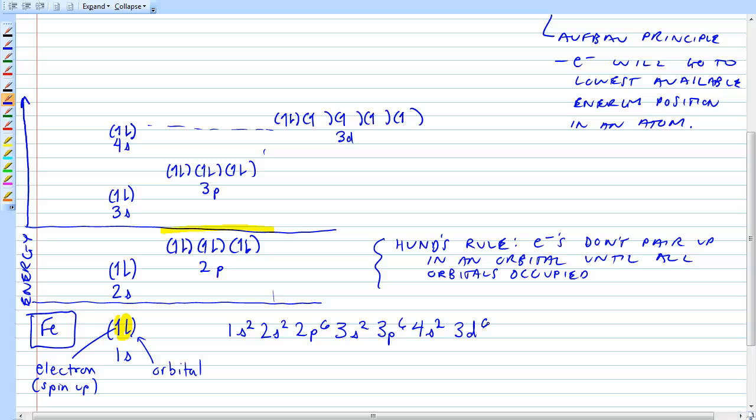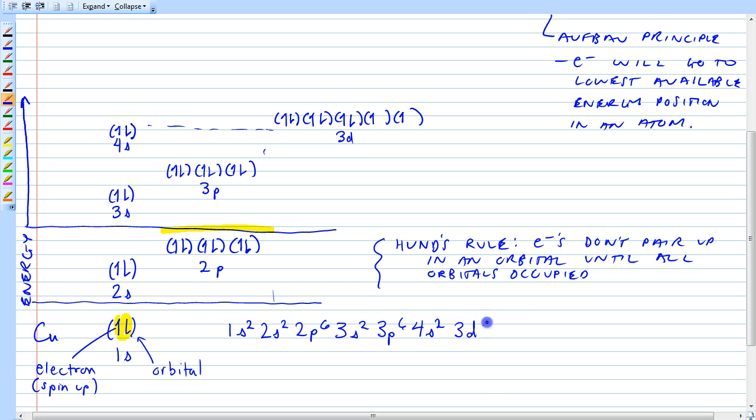Cobalt would not give us any surprises either. 3d7. Nickel would look like this. 3d8.